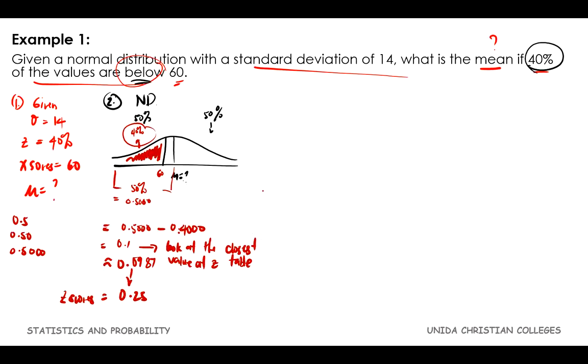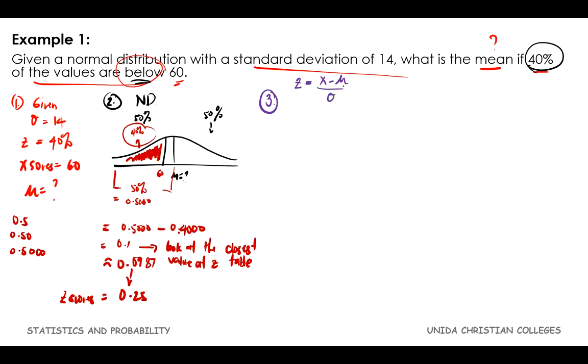So, ngayon, balik tayo sa our third step. Our third step is perform the formula. Okay? Alam natin, ang formula natin ay nanggaling kay z-value or yung z-score: z is equal to x minus the mean all over standard deviation.